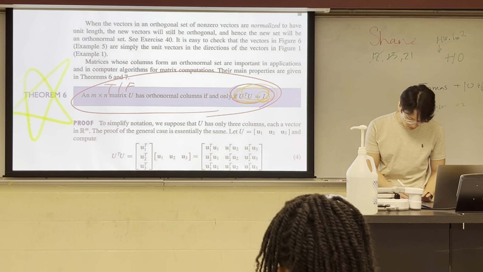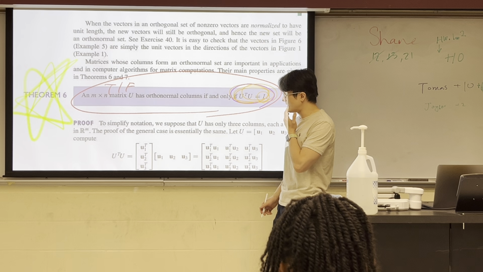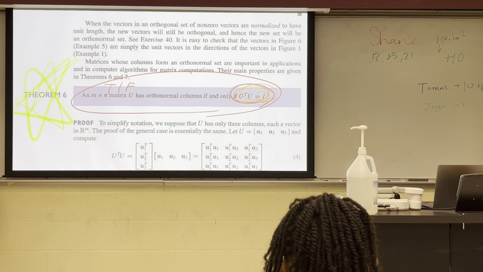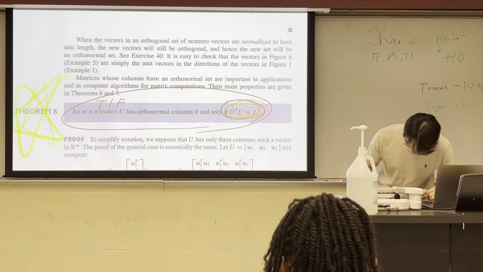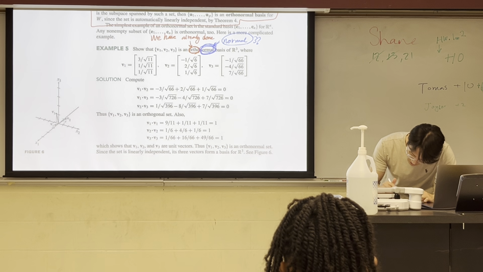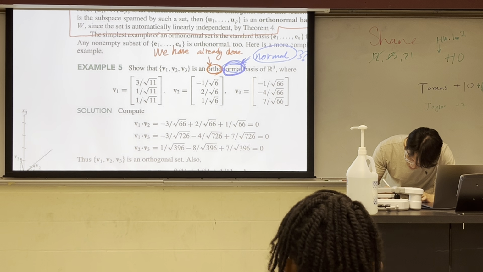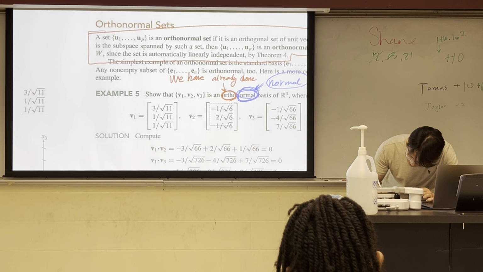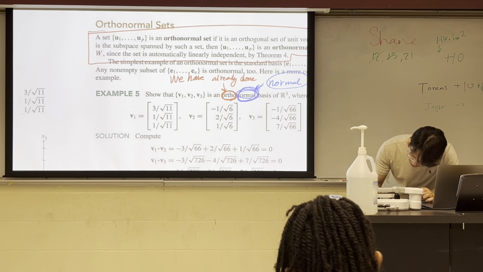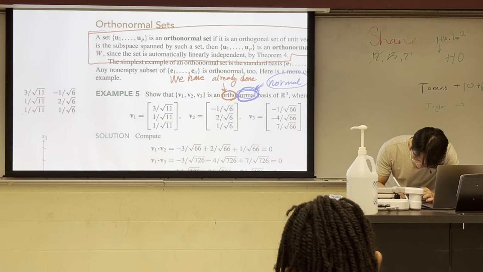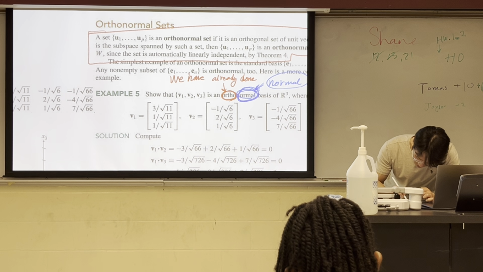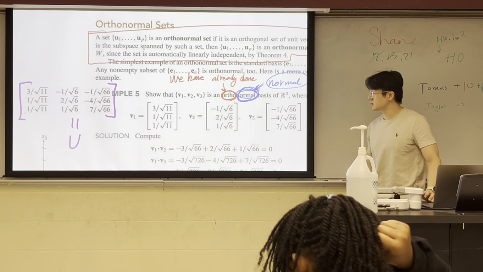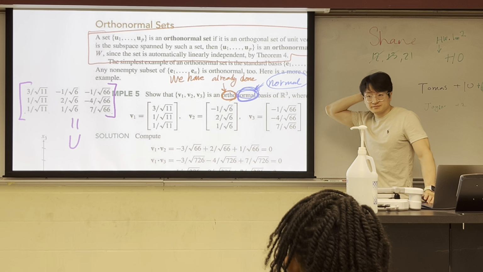This is so important. Once you have an orthonormal basis, orthonormal columns, then if I construct a matrix, literally copy and paste these orthonormal vectors and construct a new matrix, and call this U, what is the inverse of this?